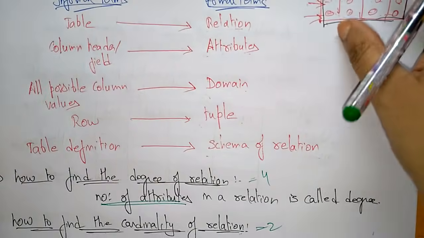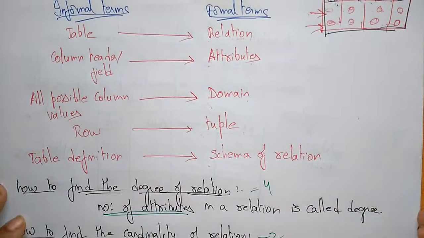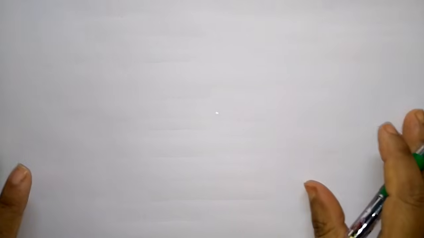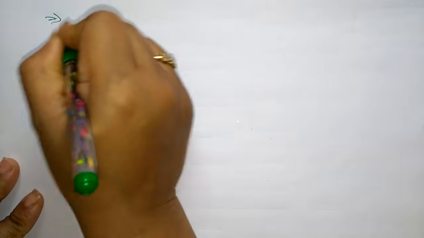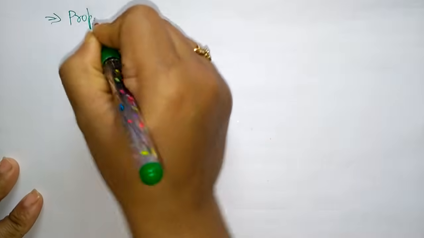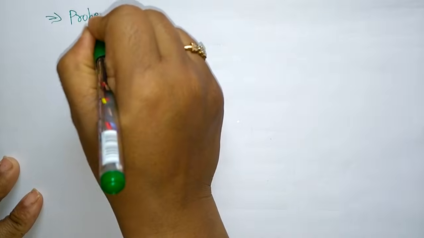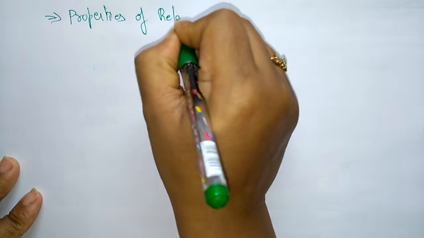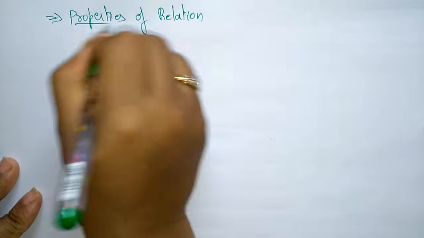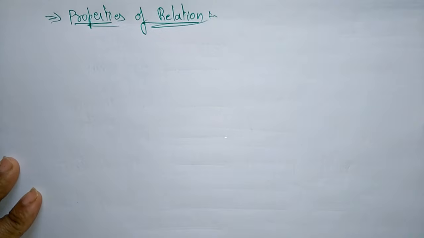Okay, so these are the terms that are used in the relational model. Now let us see some properties of relation. Before you learn the complete relational model, you have to know the properties. What are the properties involved while you are creating tables, that is, relations?